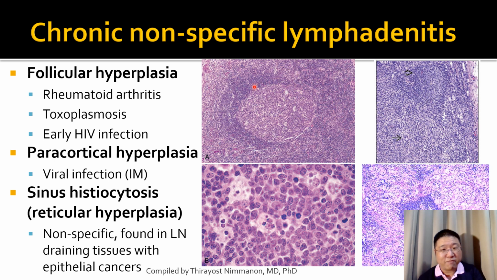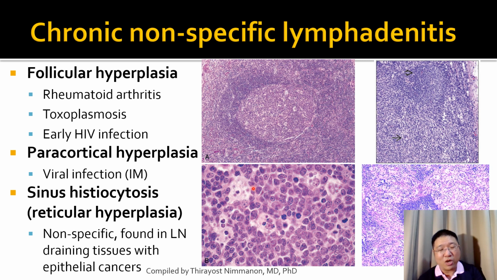And we can observe maybe a few layers of the mantle cells in the mantle zone, and also multiple layers of the bigger marginal zone. These areas are the areas for B cells.